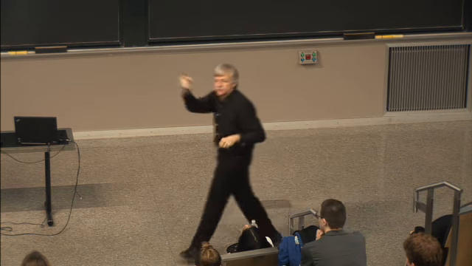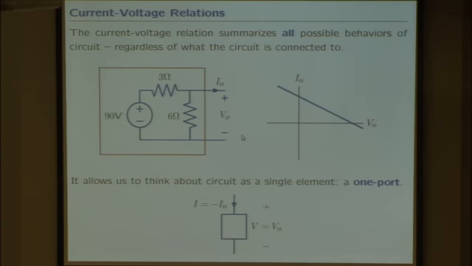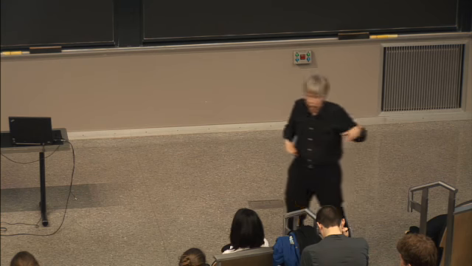So there's some current that goes in the plus, and that same current comes out the minus. That'll be true for this circuit, just the same as it's true for a resistor or voltage source or anything else. The only difference is the thing that's inside the box, the thing that's inside the one-port, is more complicated than it was for a simple resistor or a voltage source or a current source.